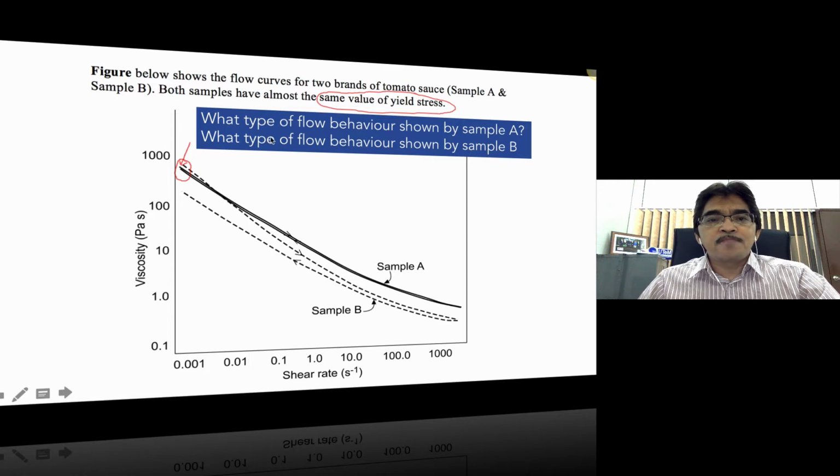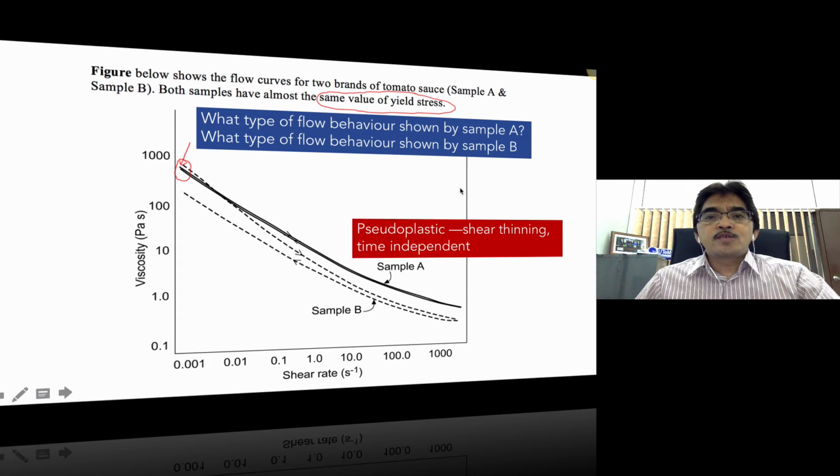The question is, what type of flow behavior is shown by sample A, and what type of flow behavior is shown by sample B? Sample A is a pseudoplastic behavior, which means that it exhibits shear thinning behavior and is time independent. What does it mean?